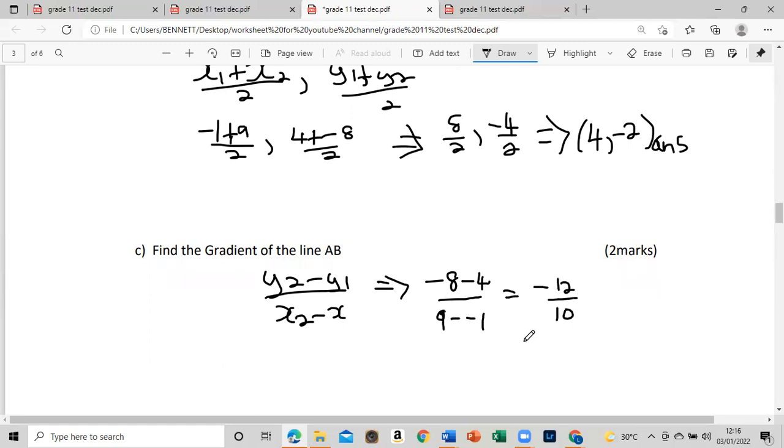We can break it down by 2, so we get negative 6 over 5. That would be our gradient.